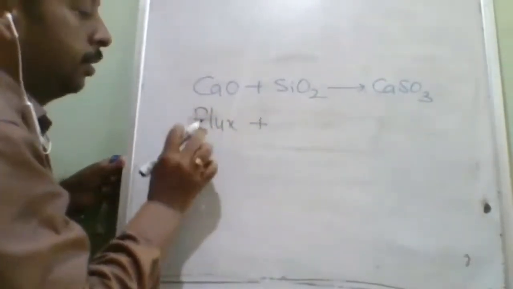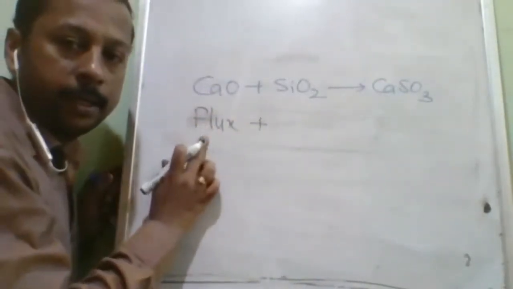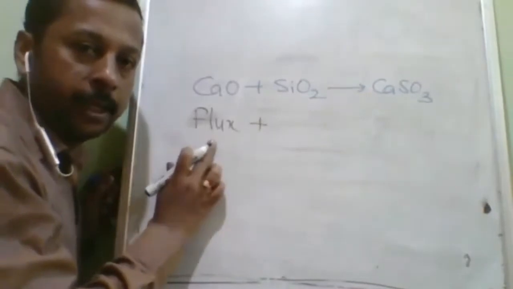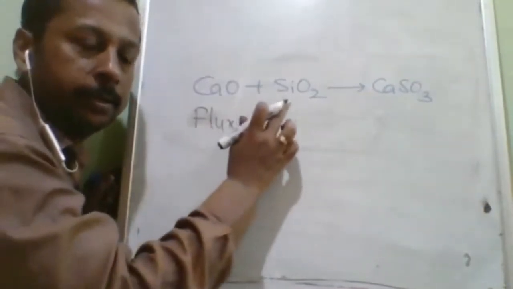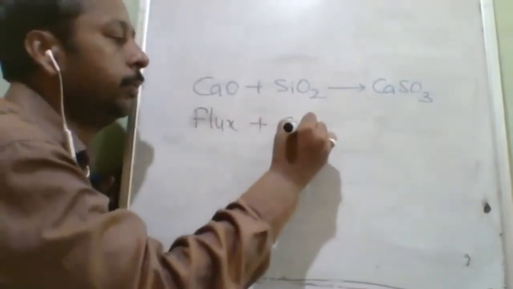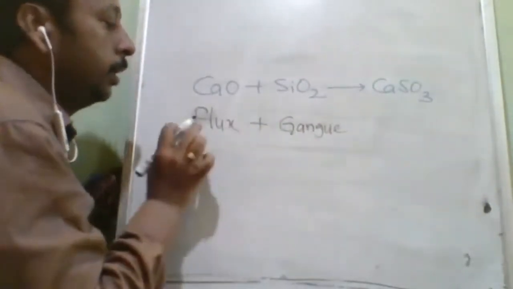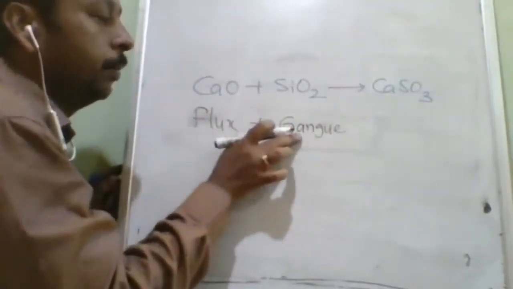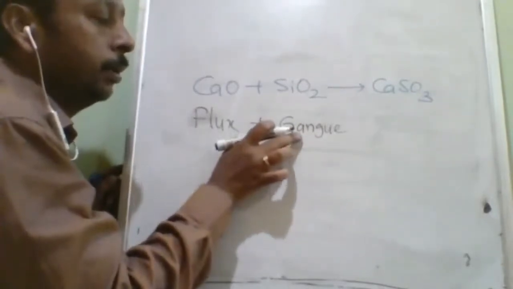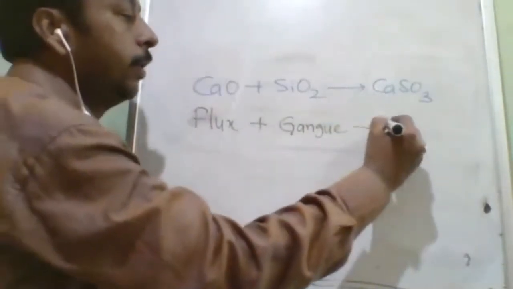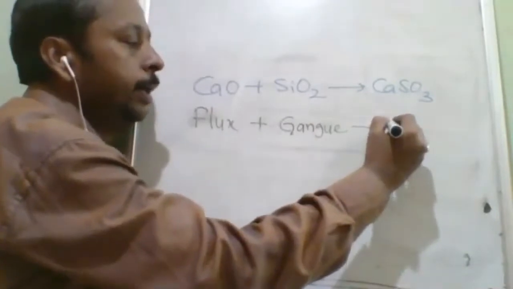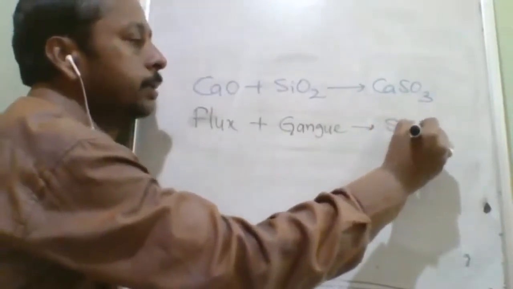And this is the substance deliberately added. Okay, this we are adding, and our intention is to remove impurity. What is that impurity? It is called as gangue. Then this flux will directly go and pick up the gangue from the impure metal and it will form a infusible material that is called as a slag.